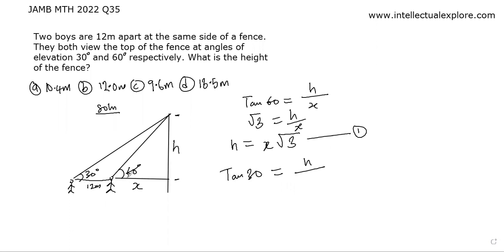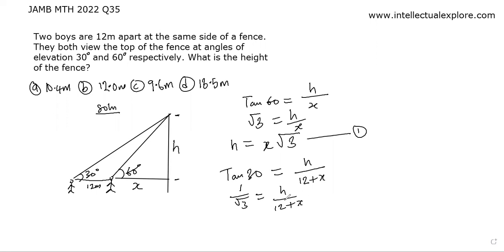The adjacent is this line here, so it will be 12 plus X. Now tan 30 can be written as 1 over root 3, which equals H over 12 plus X.